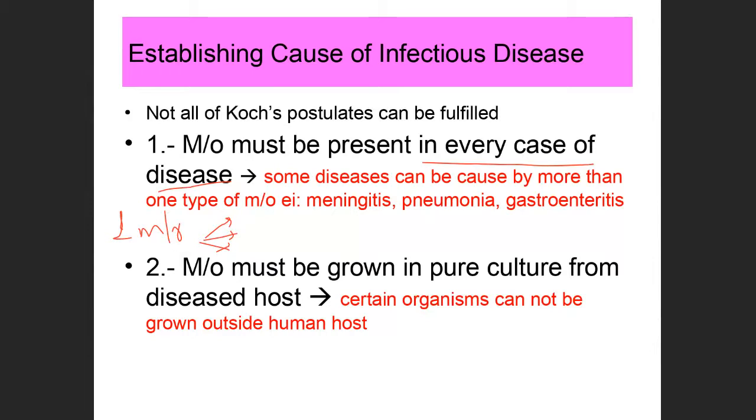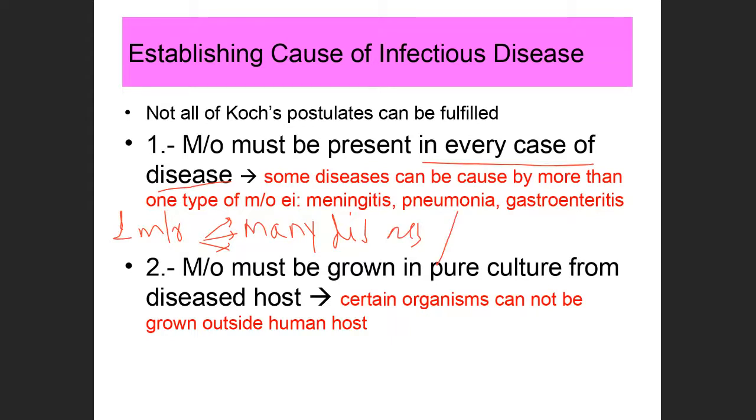Streptococcus pneumoniae, for that matter, can cause pneumonia, can cause meningitis. Okay, so oftentimes we don't have a one microorganism, one disease relationship. The opposite is also true. We can have one disease being caused by more than one microorganism.